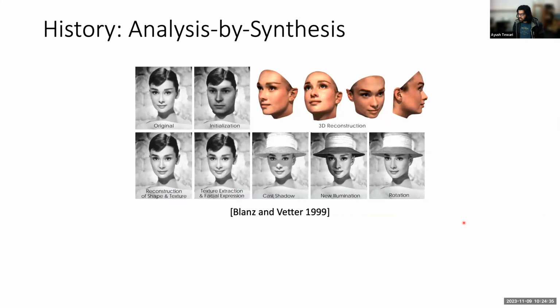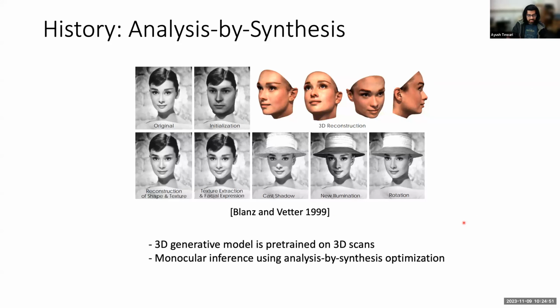The general idea of vision as an inverse generative process is really, really old, much older than even Blanz and Vetter's paper on 3D morphable models in '99. But generally, the idea has kind of been that you pre-train the 3D generative model, typically on 3D scans.